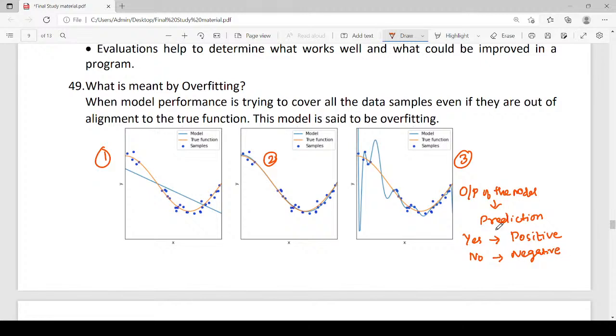Now we are going to try to match this with the reality or the actual scenario. If it is matching the scenario, then it is true. If it is not matching the scenario, then it is false. So now you can arrive at true positive, false positive, true negative and false negative.